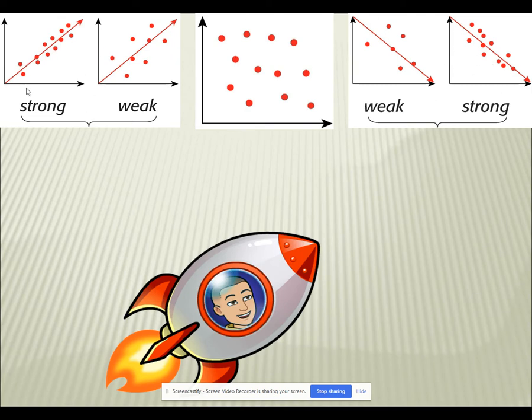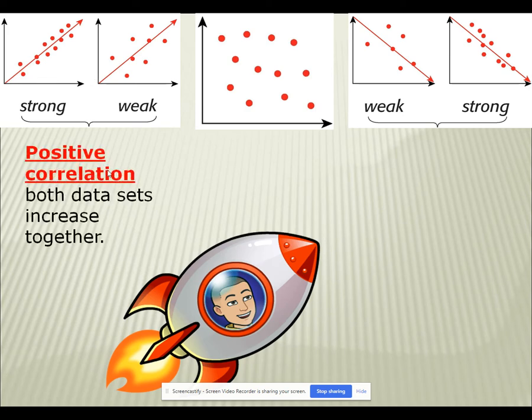Here are 2 that are positive. You could have a positive relationship where, as you go from left to right, the points are going up. If the points are going up, that means you have a positive correlation, a positive relationship. Both data sets increase together.